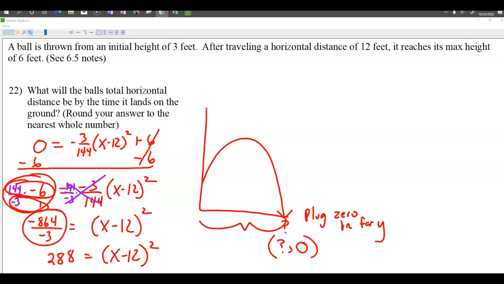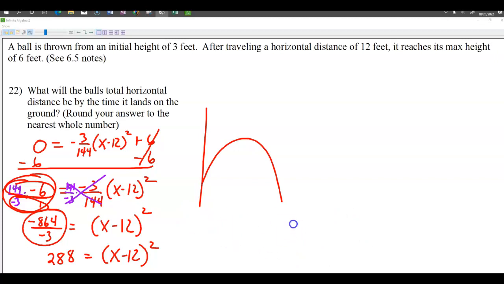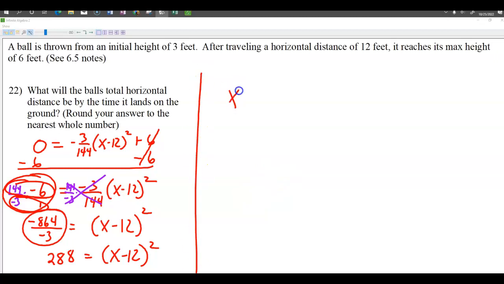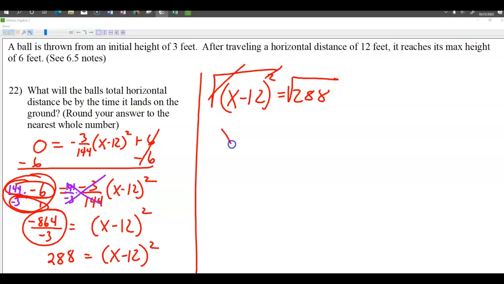The next step is to take a square root on both sides. And once again, we're not going to do those square roots by hand for this problem. We're going to let the calculator do it for us, because typically these are just going to come out to be really ugly answers. So I'm going to square root both sides. Now typically you get a plus and a minus when you do this, but in this word problem, we're only going to go with the positive one.